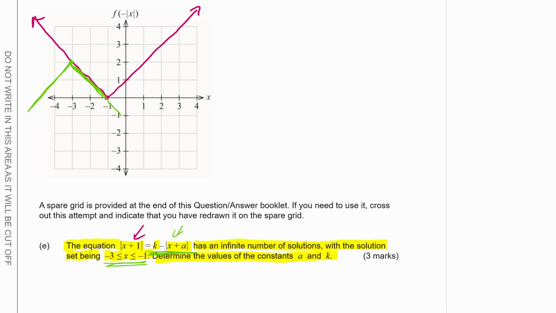Now the k is clearly going to be a vertical translation. So it suggests to me that k is equal to 2. The bounce is at -3, suggesting that a is equal to 3, because then we have x plus 3 in there, and that would change when x is -3.